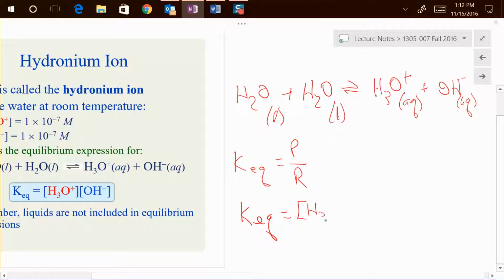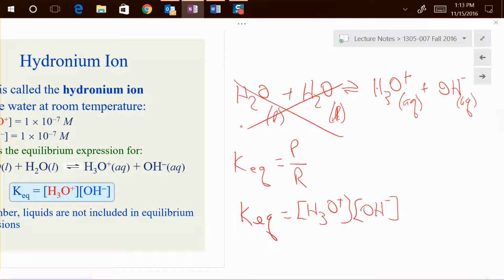Concentration of H3O plus times OH minus. What goes on the bottom? What's the physical state of H2O? Liquid. Do I put them? No. They stay off, right? So all we have is that the Keq of water is equal to the concentration of H3O plus times the concentration of OH minus, because H2O liquid we don't include.